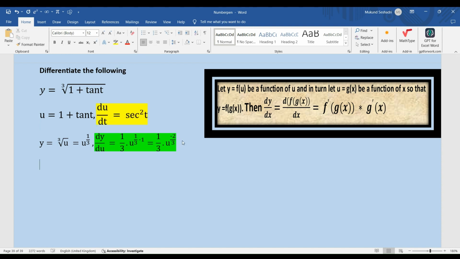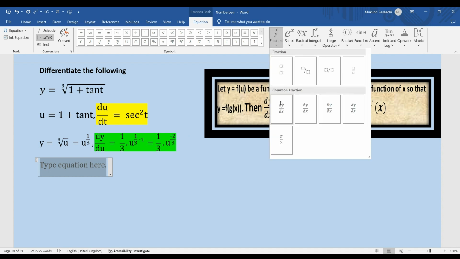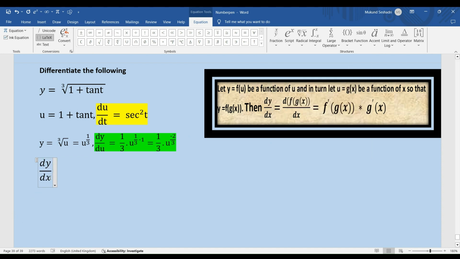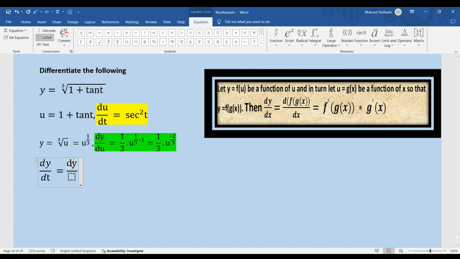So I have my du by dt, and I have my dy by du. So what is my dy by dt? This is where I apply the chain rule. Take a look at the chain rule which I have pasted on the right in picture format.